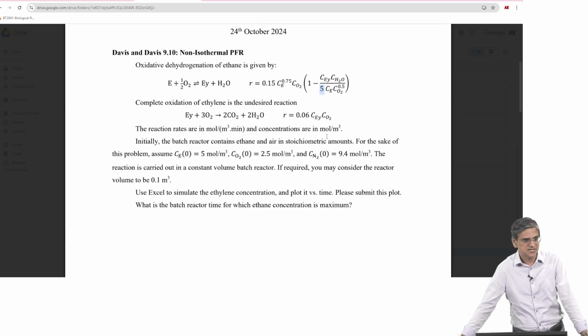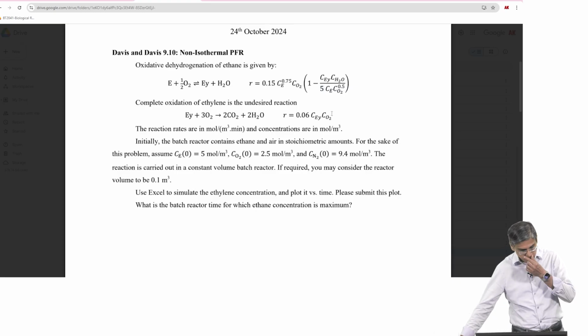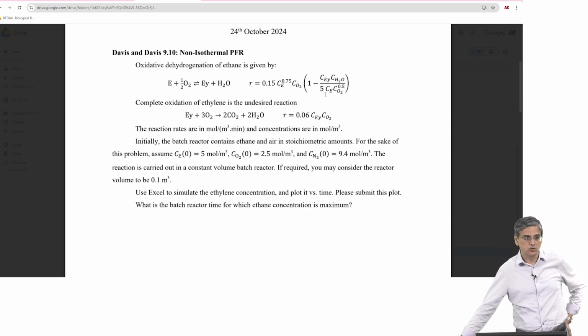E to the power minus delta G by RT. Delta G is dependent on temperature. Therefore, K equilibrium, which is also dependent directly on temperature through the exponential term, is also temperature dependent. We have not considered that. The equilibrium constant is not 5. Actually one of the problems with this reaction is that its equilibrium constant is quite low.